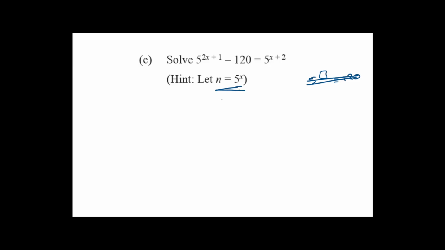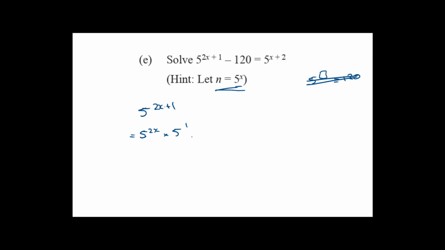So I want to find 5^x. Okay, so let's take this first term here. We can rewrite that as 5 to the 2x times 5 to the 1.